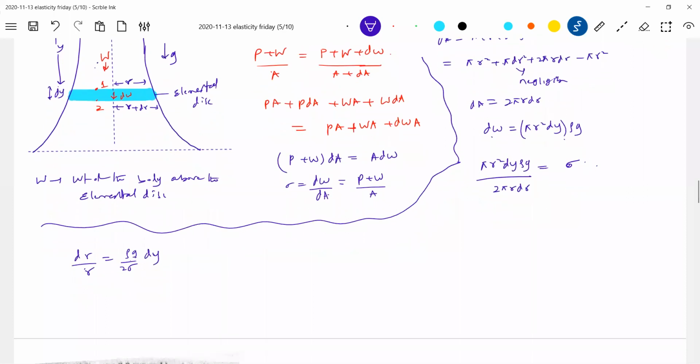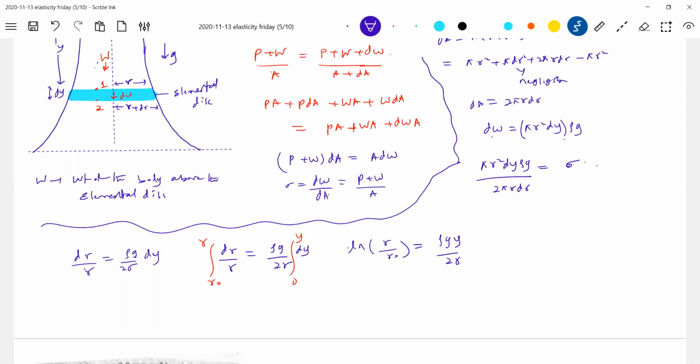Okay, yeah, thank you. So now it should be dr by r equals rho g by 2 sigma dy. The limits are r naught to r, and 0 to y. So this will be log of r by r naught equals rho g y by 2 sigma.